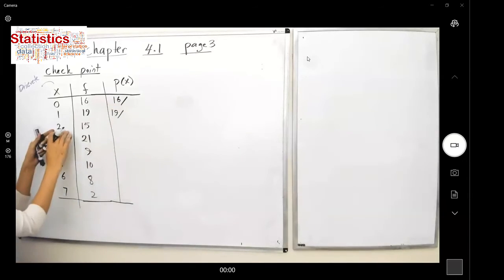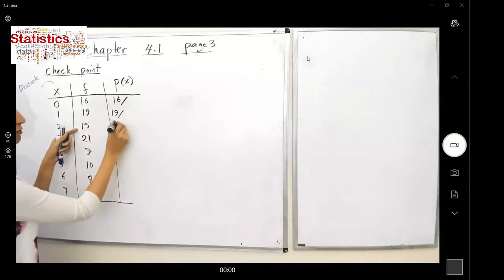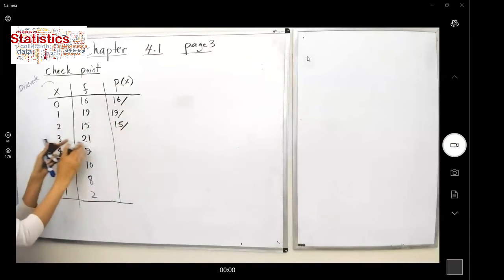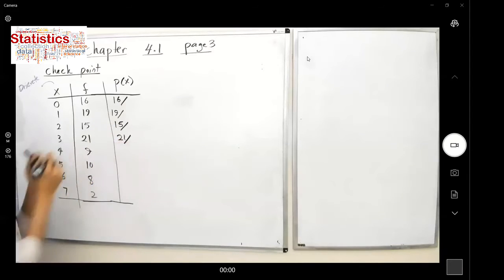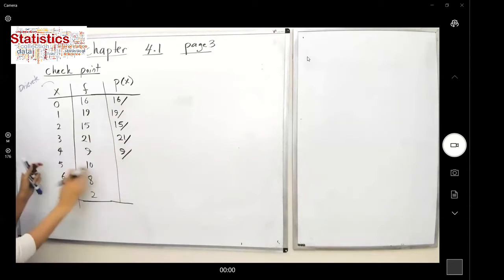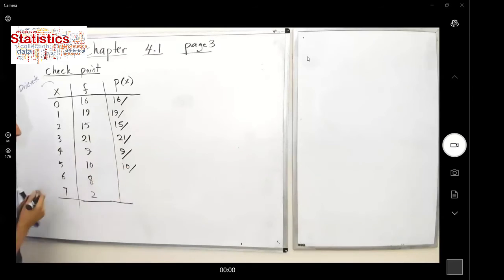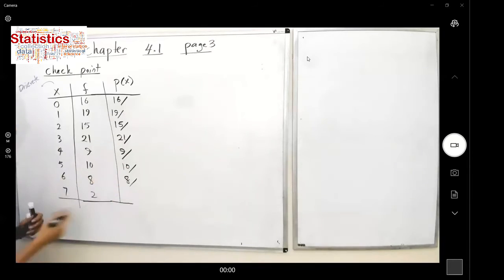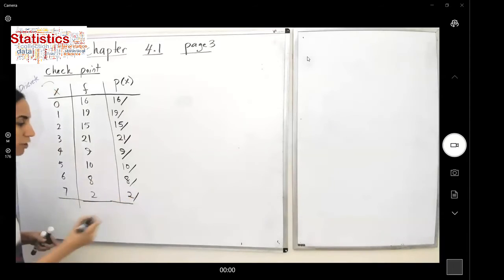P of X equals 2, the frequency is 15 divided by. P of X equals 3 is 21 divided by. P of X equals 4 is 9 divided by. P of X equals 5 is 10 divided by. P of X equals 6 is 8 divided by. And P of X equals 7 is 2 divided by.